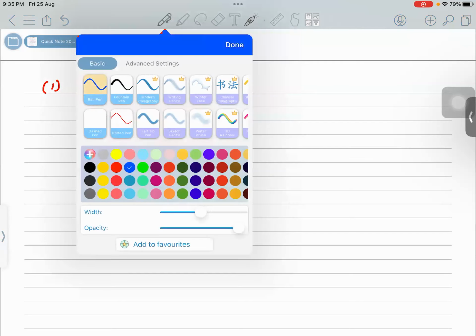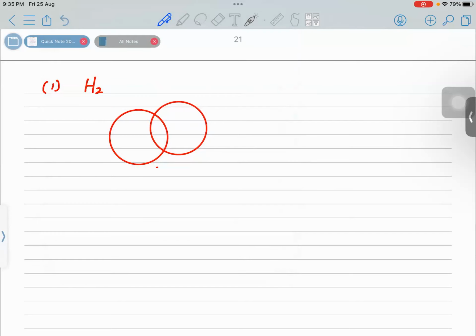These are hydrogen, so 1 electron is shared by each. So this is hydrogen, hydrogen, single bond. Are you getting my point or not?